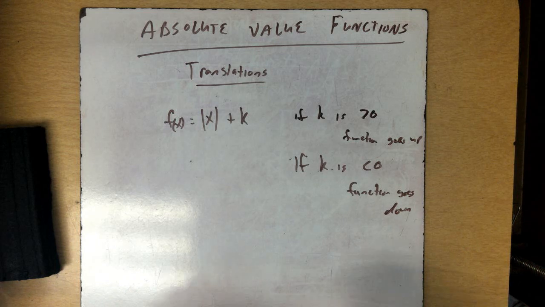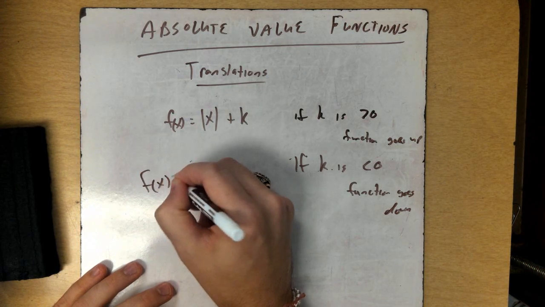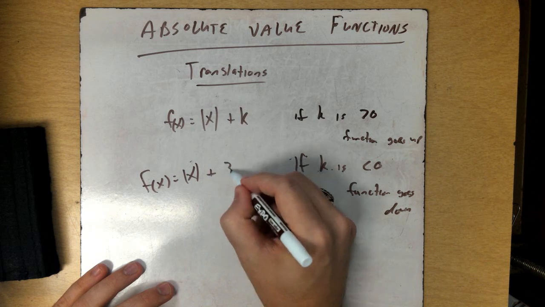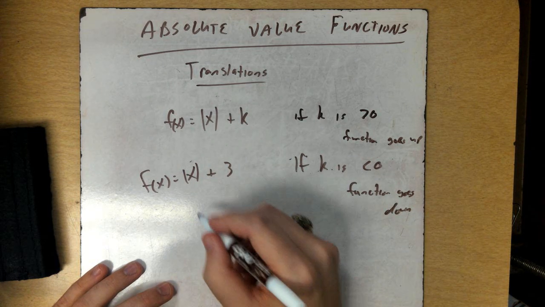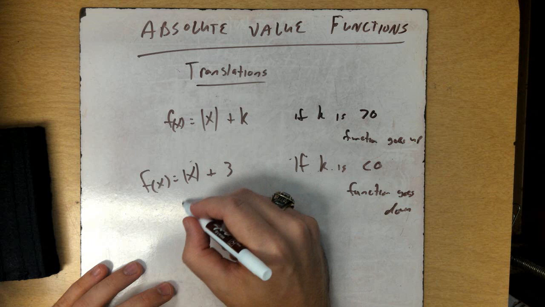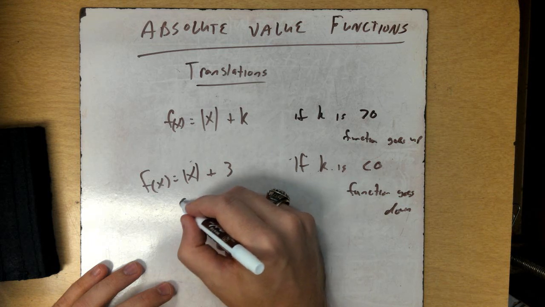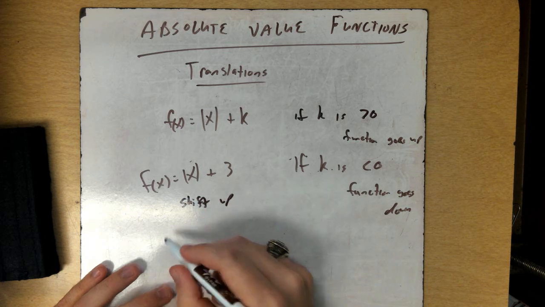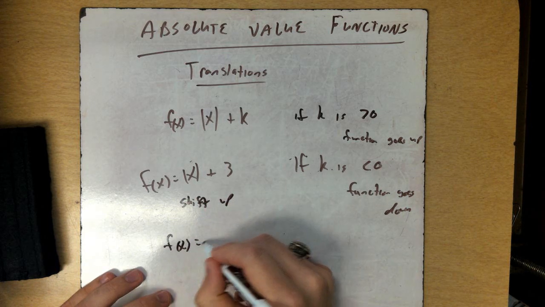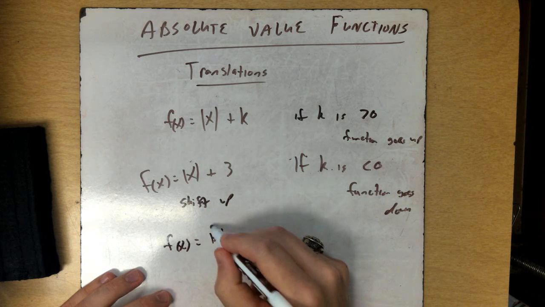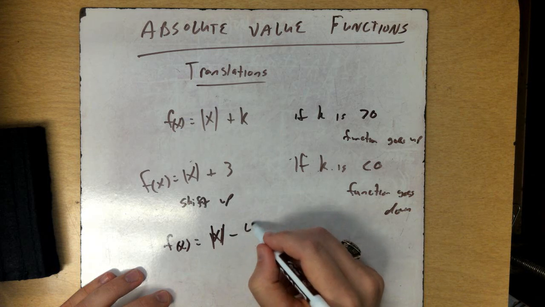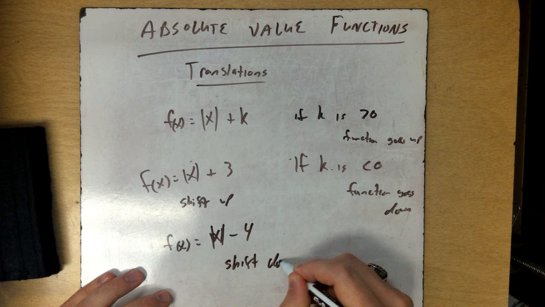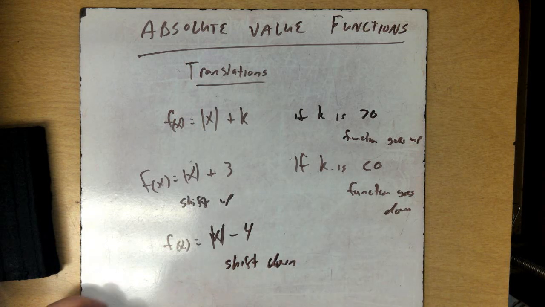So you're going to see something like f of x equals the absolute value of x plus 3. In this case, your function will shift up. And if you see f of x equals the absolute value of x minus 4, it shifts down.